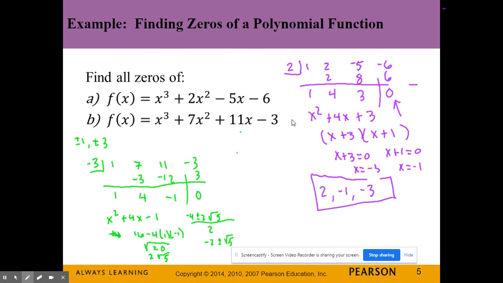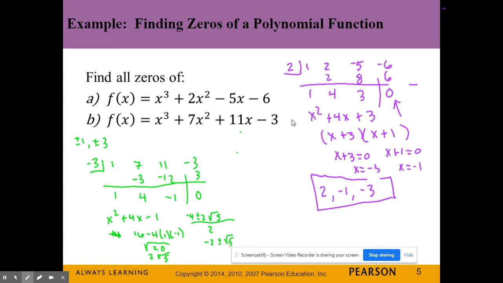So I did -3, did synthetic division, got the remainder to be 0, which is what I was looking for. The resulting function that comes out of it is x squared plus 4x minus 1. Pretty easily, you can tell it's not factorable, right? Because there's nothing that multiplies to -1 and adds to 4. So I did quadratic formula. I found the discriminant to be 2 root 5.